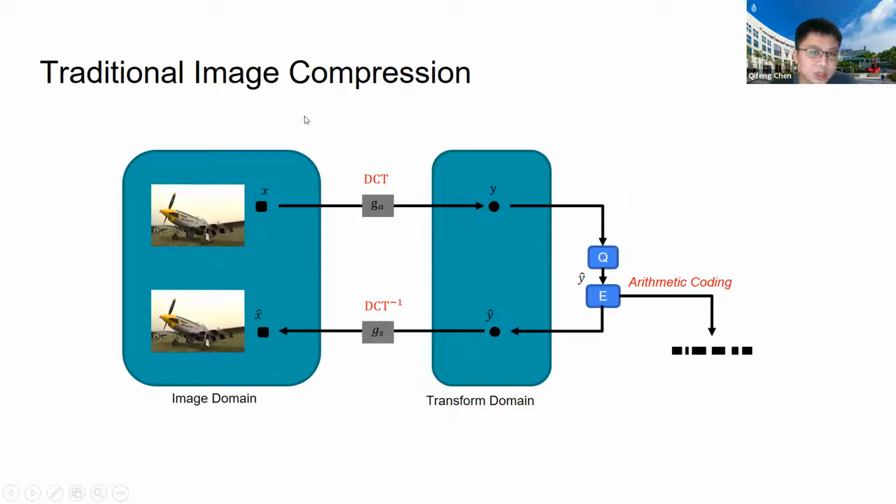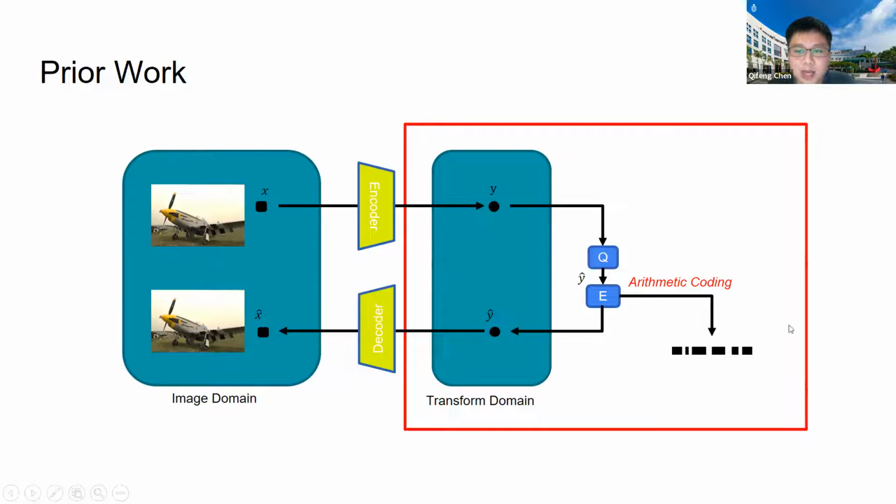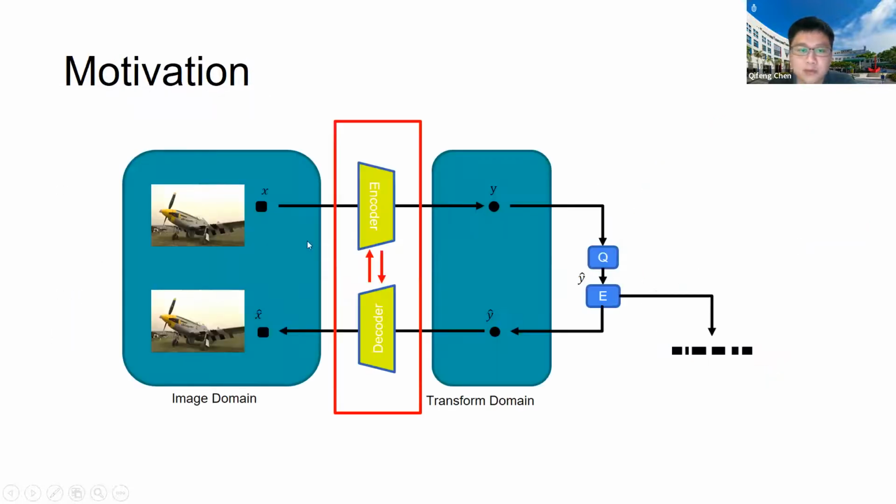So for traditional image compression, we may consider using some transform, like the DCT in JPEG. Nowadays we have some learning-based approaches, so this DCT will be replaced by some encoder and decoder. For the arithmetic coding part, we basically just use some state-of-the-art coding method. What we want to focus on is that the encoder and decoder can be replaced by a better architecture, and we think of the invertible neural network.